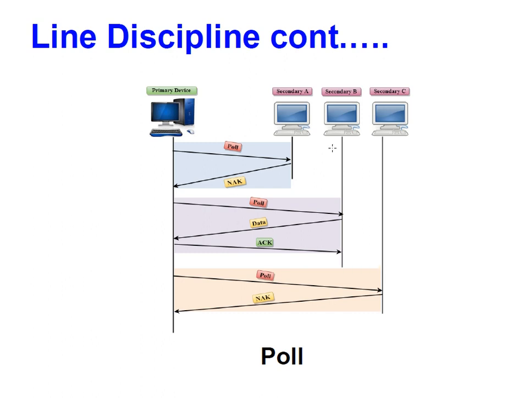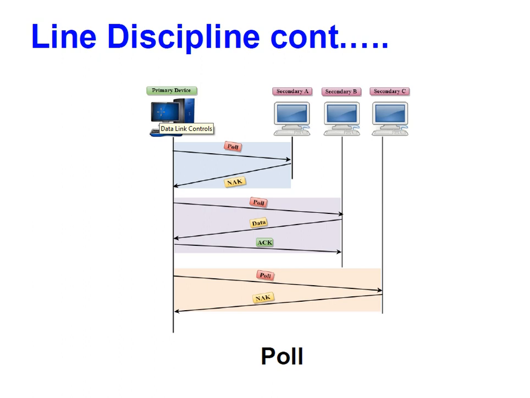That shows that secondary B is ready to share the data, so the primary device is able to receive the data from the secondary device. So this is what we put under the case of poll.